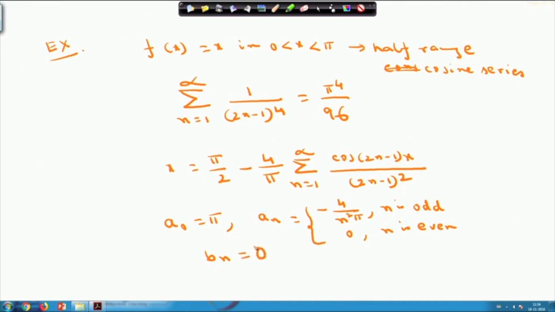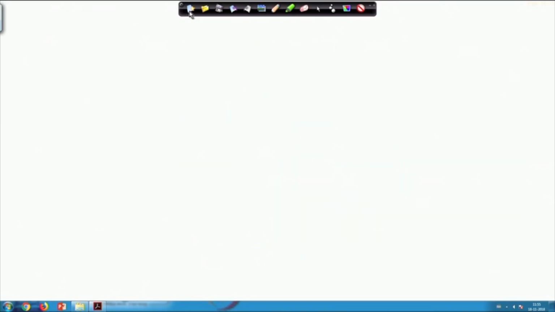So, once I am getting this, from Parseval's theorem I can directly use the coefficient values of a naught, a n and b n, and substitute in Parseval's theorem in the same fashion as we did earlier. You will obtain the value of this by substituting in Parseval's theorem.